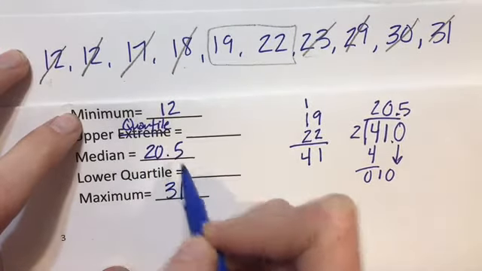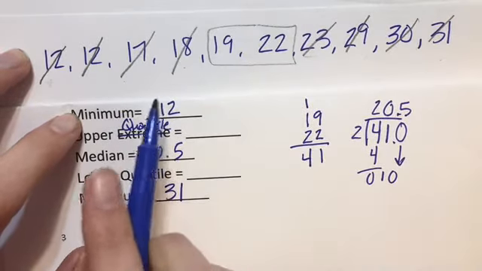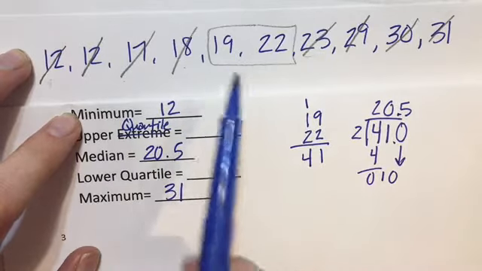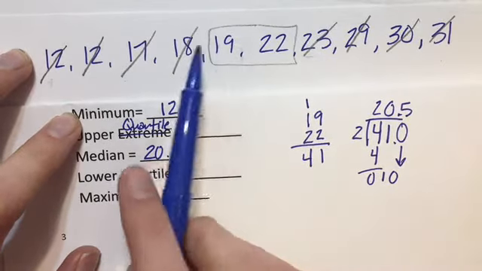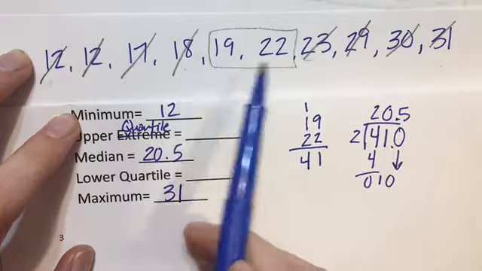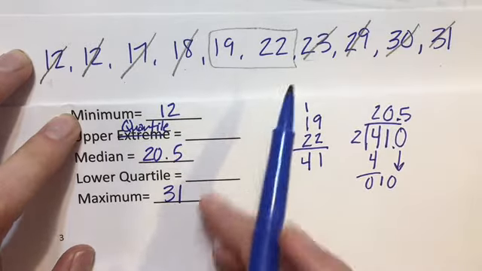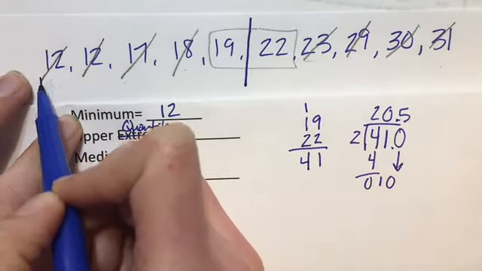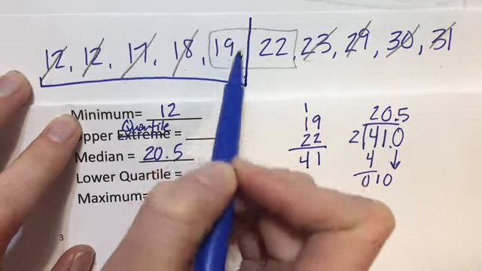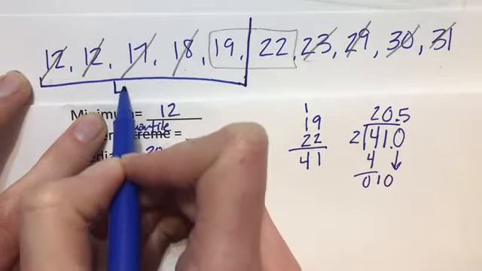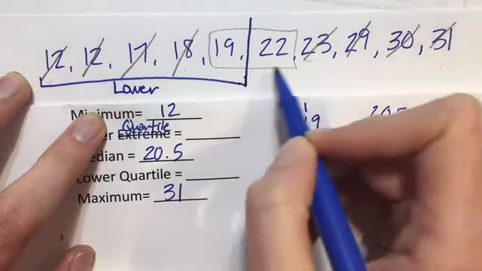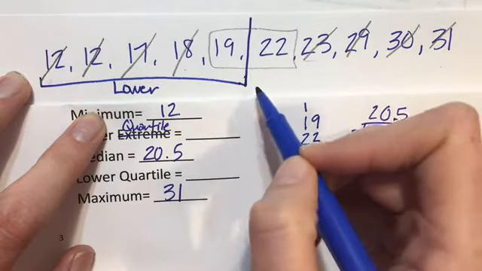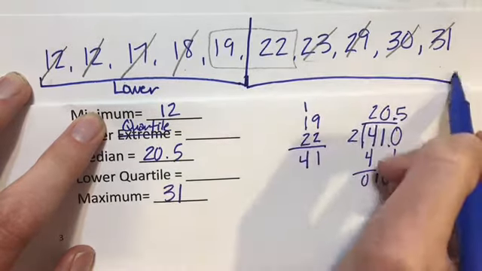Now, you'll notice this data set is a little different. In our previous problem, it had an odd number, so there was only one median, and then we just excluded it, right? Well, in this example, if you have two numbers as your middle numbers and you have to average them, what you do is you chop it right down the middle, and this set over here, including the lower median, we're going to call this the lower set of data, and then we'll include the other number that we used to factor in our median with the upper half of data.